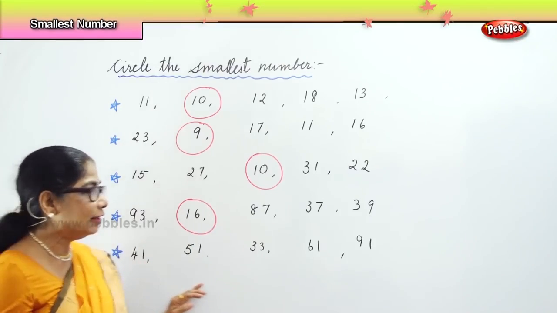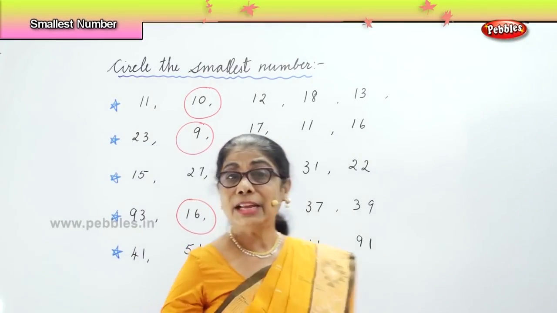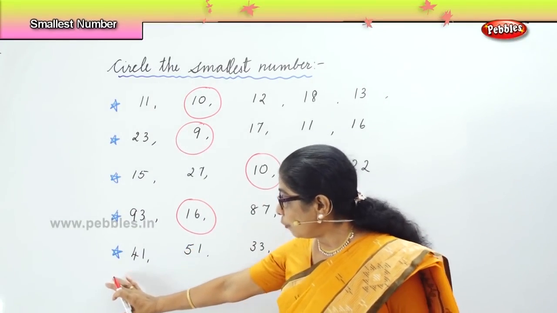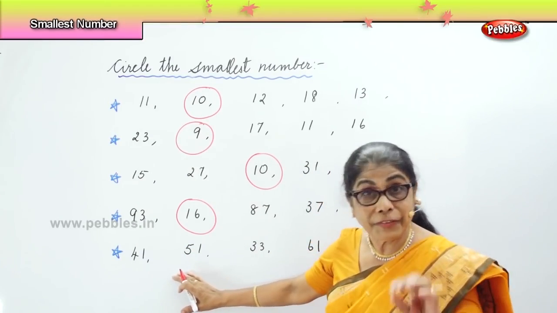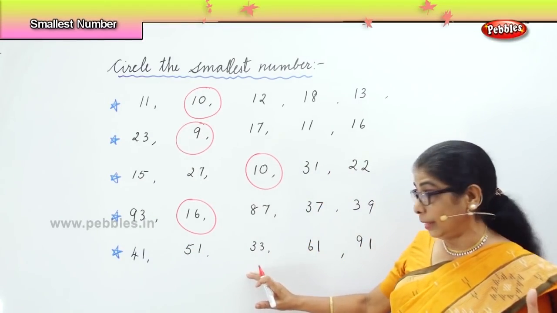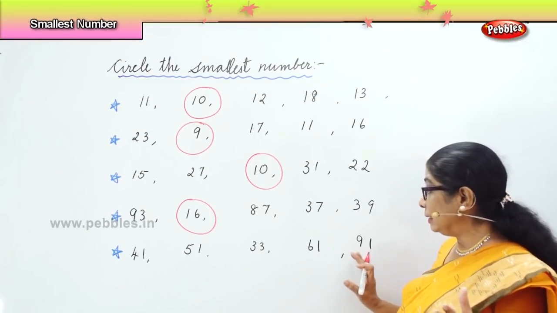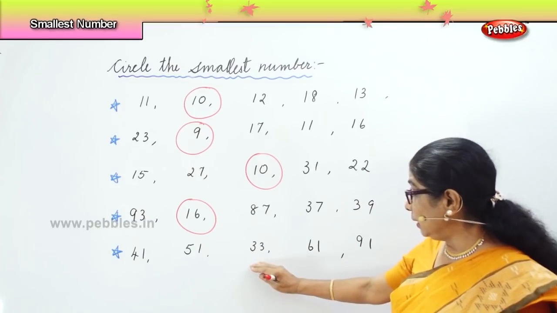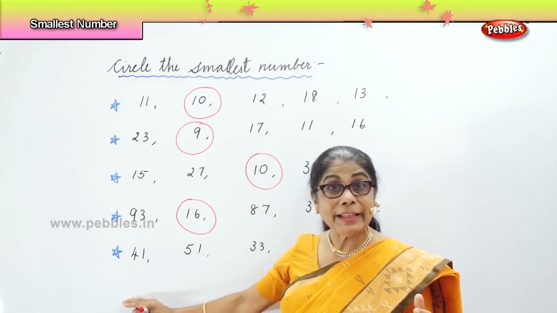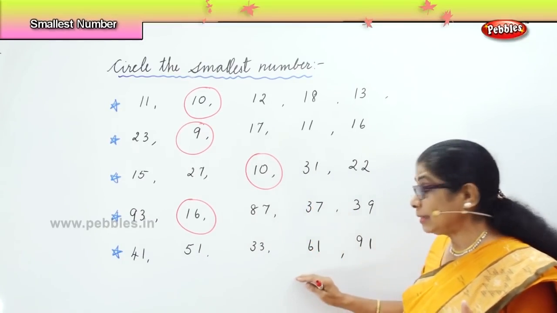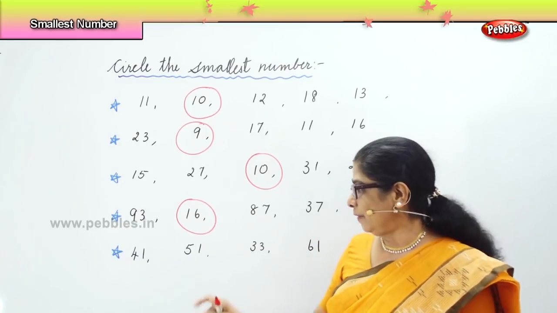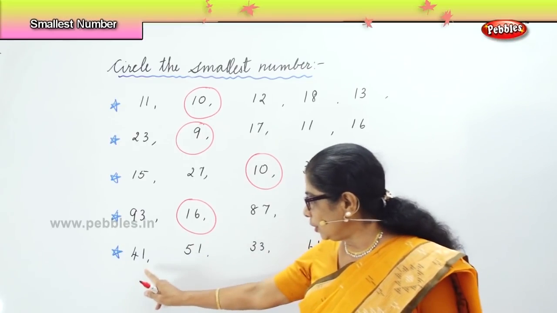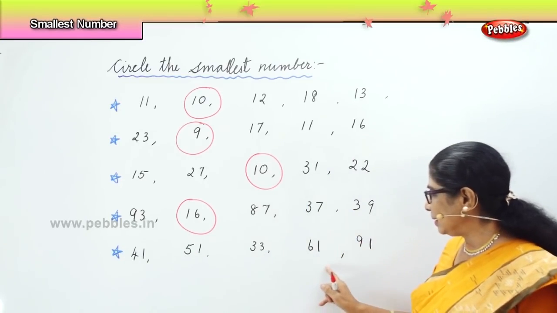Finally, you have another 5 numbers for you to identify. You have 41, 51, 33, 61 and 91. So you have numbers in the 30s, 40s, 50s, 60s and 90s.